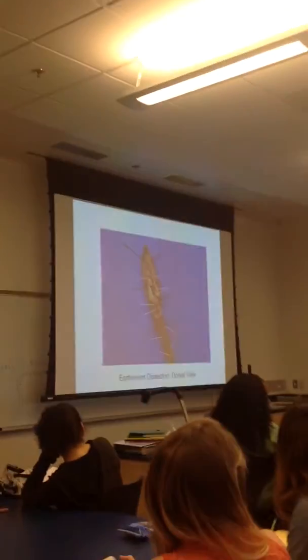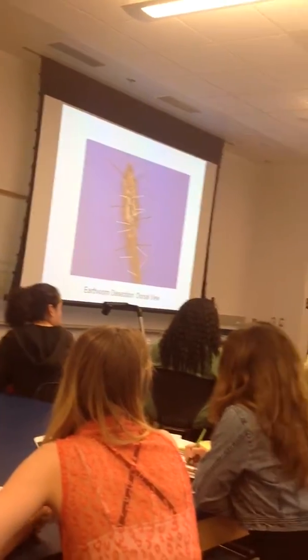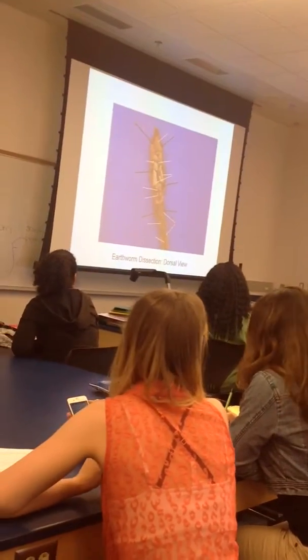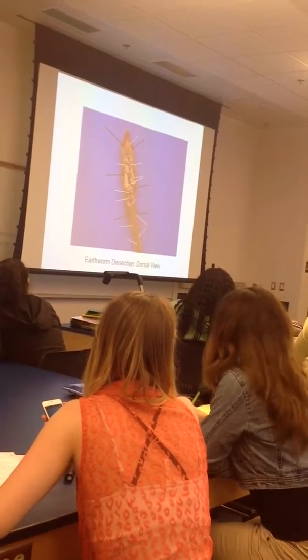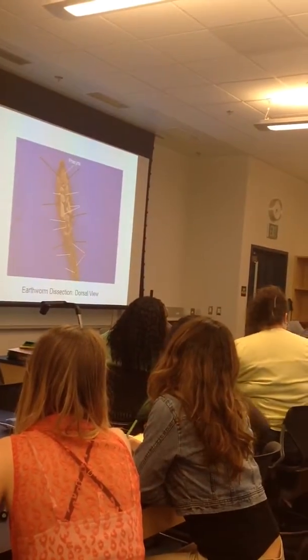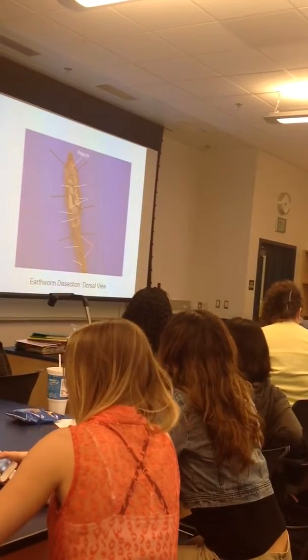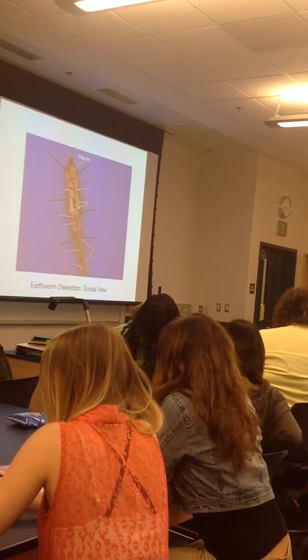Anybody still need a second to get them out? No? Okay. So I believe we start right here. What is this? Pharynx. It's not something you guys need to identify.